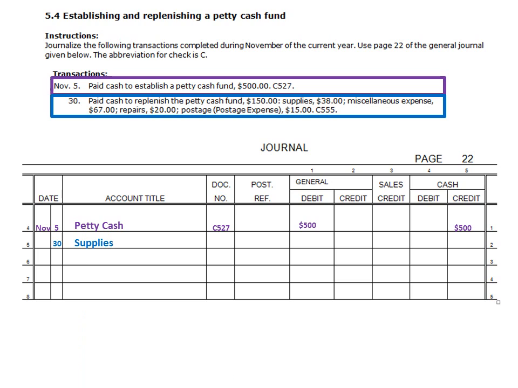So we used it for supplies, coming from C55, and we bought $38 worth of supplies. We had a miscellaneous expense, which was $67, and that can be anything. Remember, we're using the miscellaneous expense title because this is an expense that doesn't happen very often. We're going to have repairs for $20, and we also had a postage expense for $15.